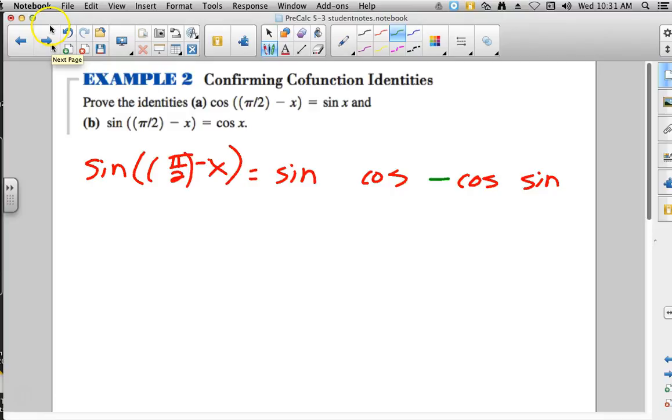Here's v, x. We want to make it match the right-hand side of this thing. Well, to do that, we need to know what the sine of pi over 2 is. What's the sine of pi over 2? 1. What's the cosine of pi over 2?